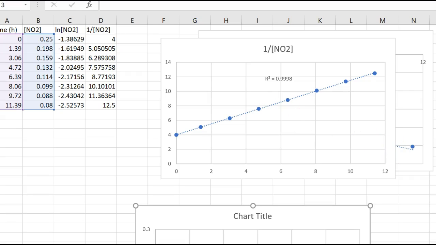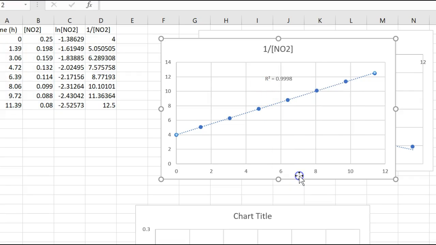So if you're in Excel, you can simply show the equation for this line on the chart. And from the equation of the line, you can obtain the value of the slope, right? So we have the slope of 0.7511, which again corresponds to the rate constant k.